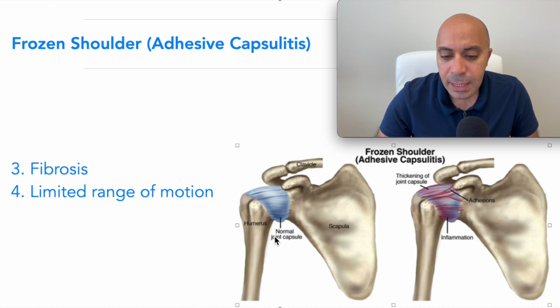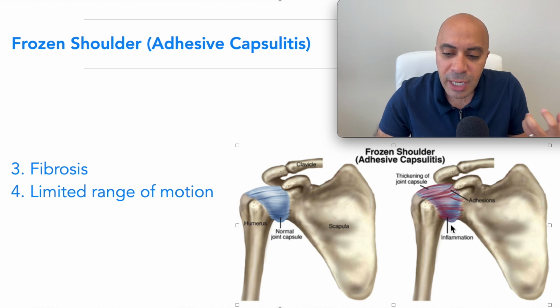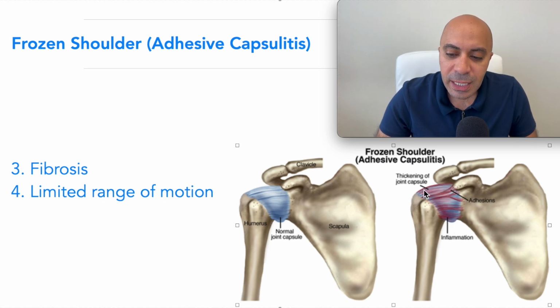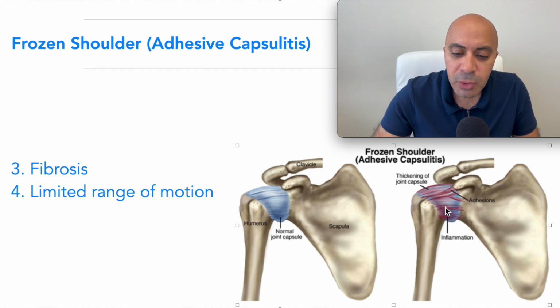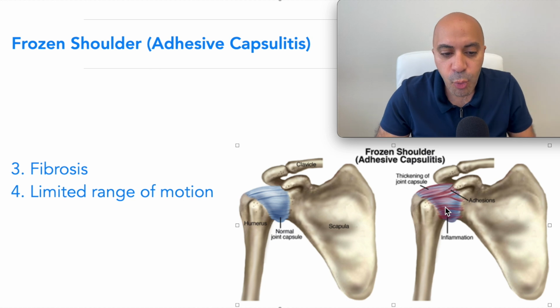But you can see here, when your shoulder capsule is normal, it looks nice and smooth like here. When you start to have adhesive capsulitis or frozen shoulder, you start to have inflammation and fibrotic tissue, so you start to have thickening of the capsule in this area, and that's what prevents the humerus head from moving.